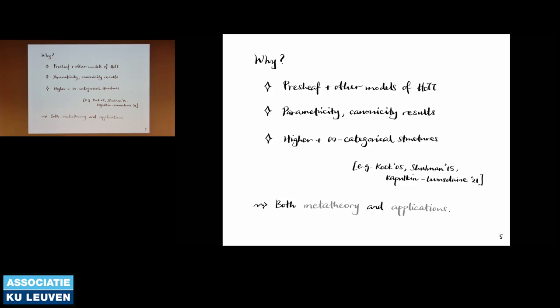And I mention in particular something by Joachim Kock, who uses inverse categories to construct higher categories with strict associativity. So the point is basically that if you're studying type theory, why should you care about inverse diagrams? Well, they're relevant to both meta-theory and applications of type theory.